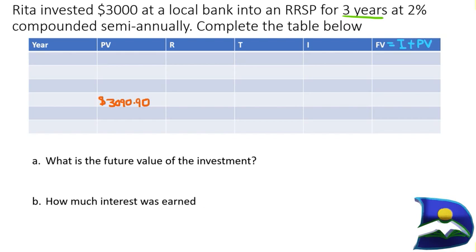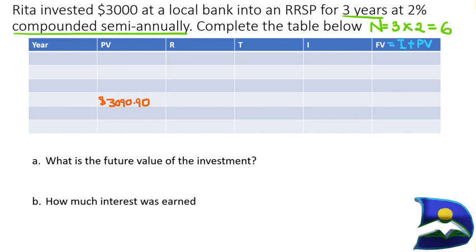We have a couple of tables to fill out, and here we notice 3 years, which means we want to deal with the compounding period. How many times is this particular rate or interest added to the principal? In this case, if you multiply 3 by semi-annually, it means you get paid twice a year.